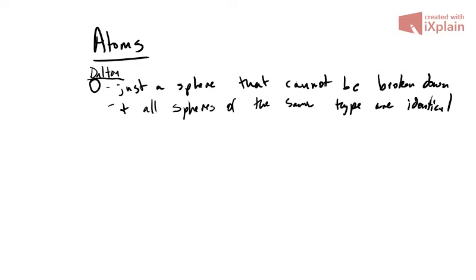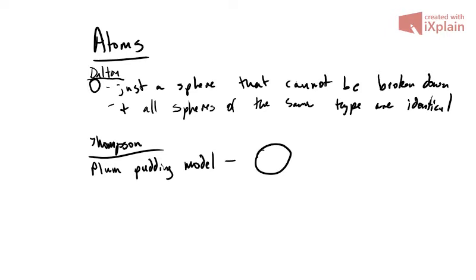So next up, I believe it was Thomson, and he had the plum pudding model. Where you had an atom, and there were bits of negative charge in there, which he called electrons.